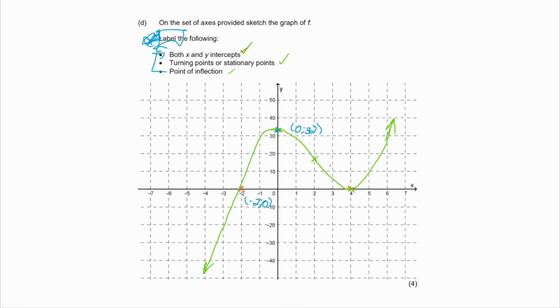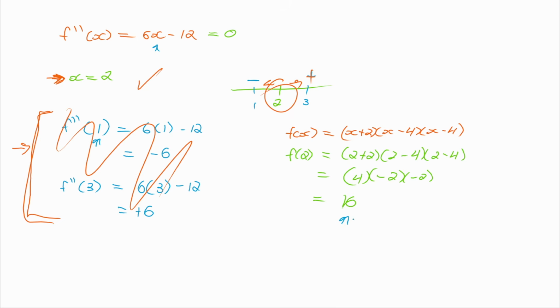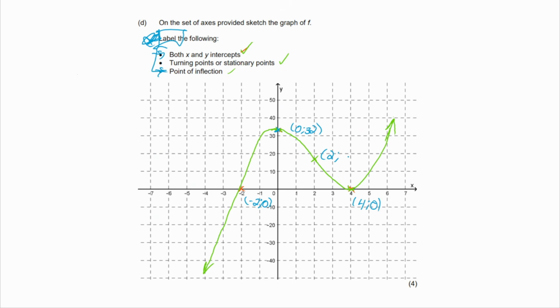This is an x-intercept and also a turning point, 4, 0. And do not forget to label the point of inflection, which we got as 2, 16. That is how you would plot f. Let's also label this as function f.